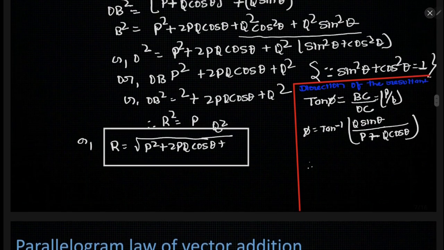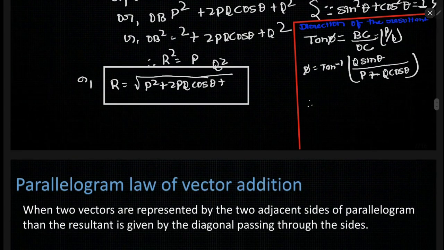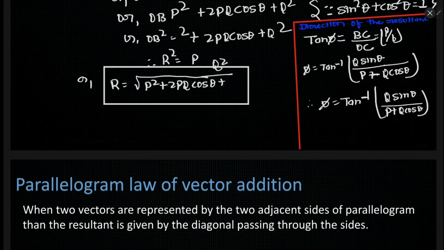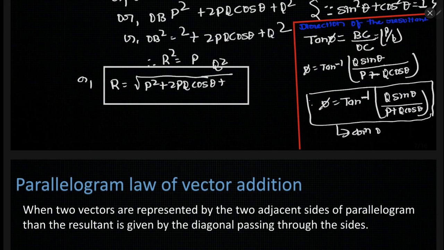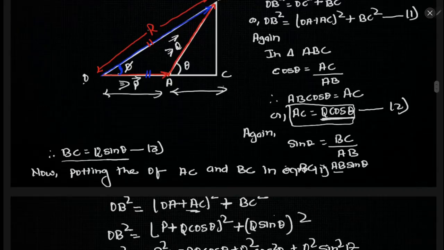Therefore phi is equal to tan inverse of Q sin theta by P plus Q cos theta, which is the direction of our resultant.